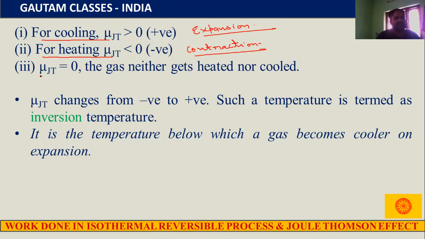If the Joule Thomson effect is coming zero, the gas shows neither a cooling effect nor a heating effect. The Joule Thomson effect is always zero for ideal gases. Why is it zero for ideal gases?